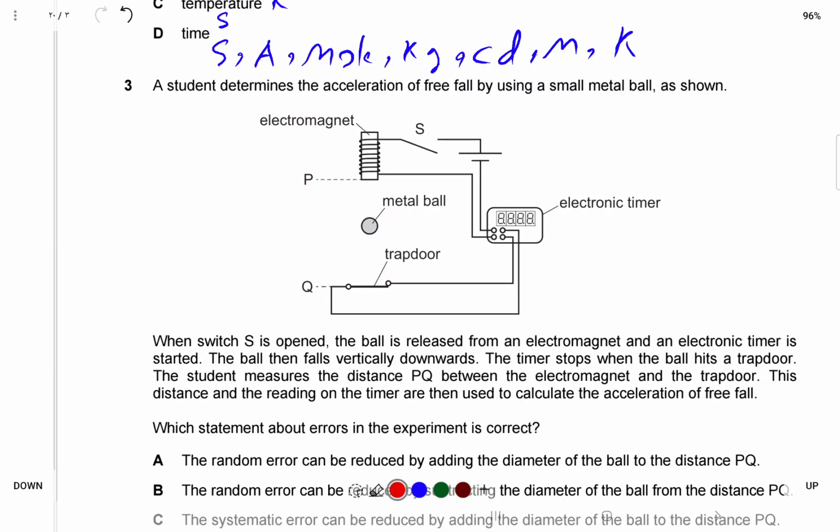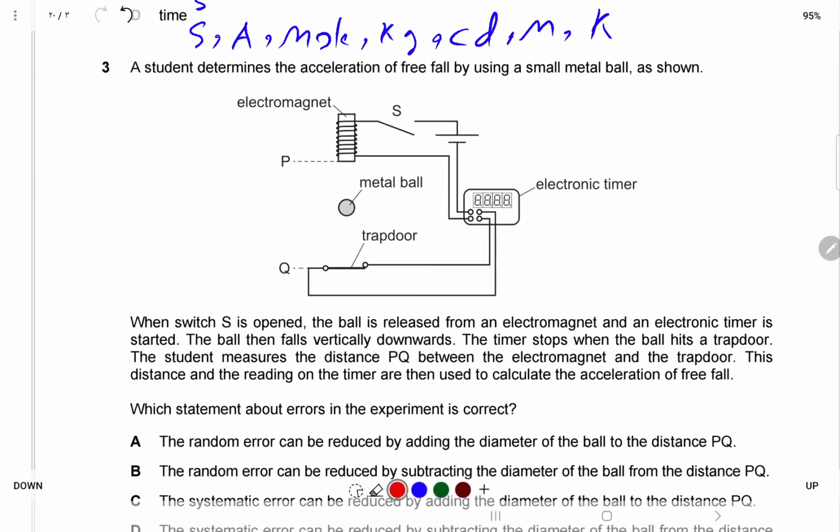Question number 3. A student determines the acceleration of free fall by using a small metal ball as shown. When switch S is opened, the ball is released from an electromagnet and an electronic timer is started.